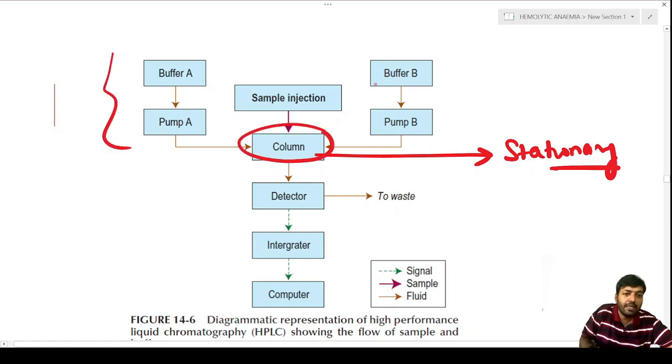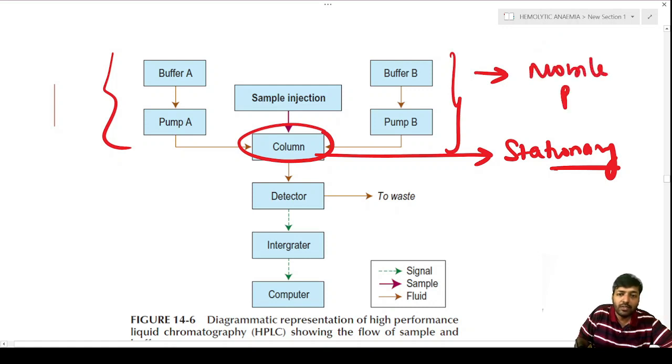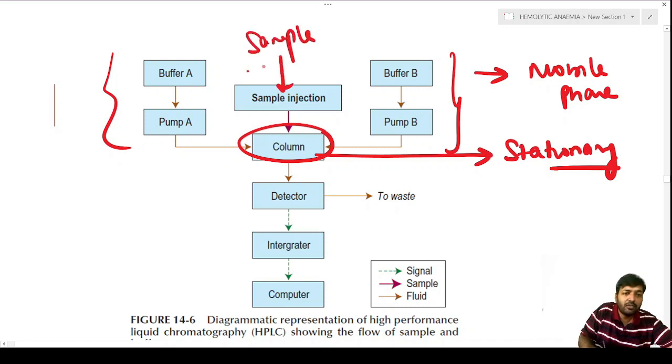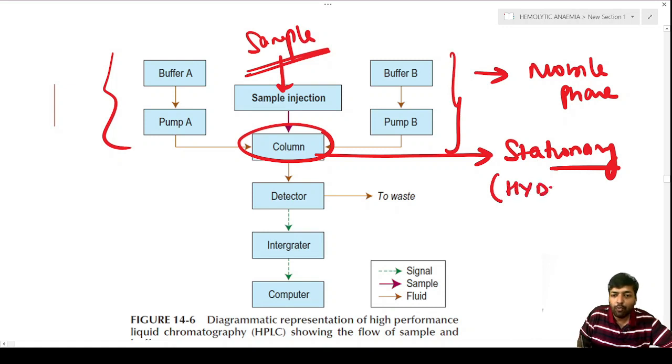Then we have some buffers, buffer A and B, which provide the mobile phase. Along with that, we have the sample, as we can appreciate over here. So there are three important things in this work. Remember one thing, usually the stationary phase is hydrophobic in nature.